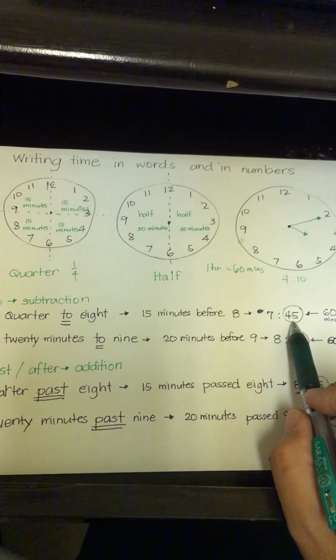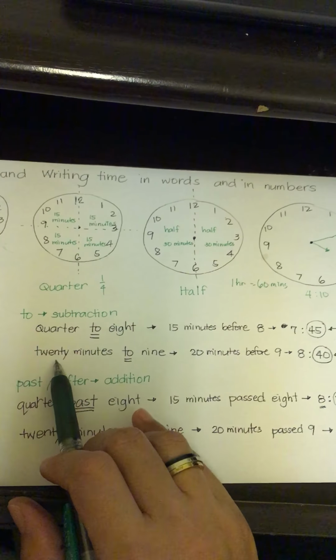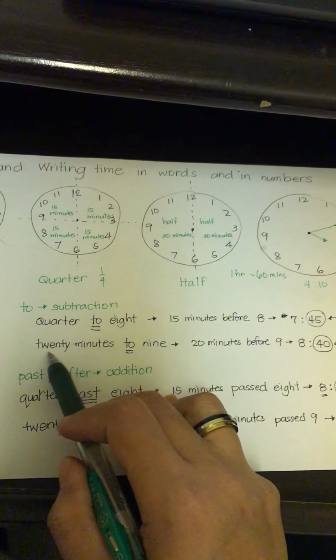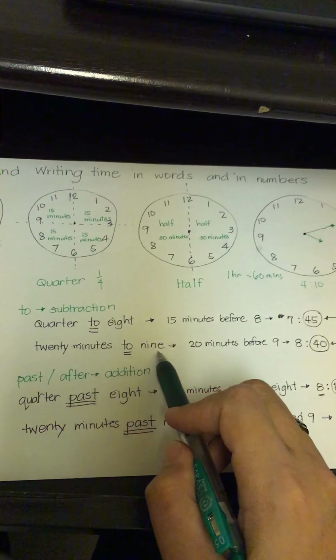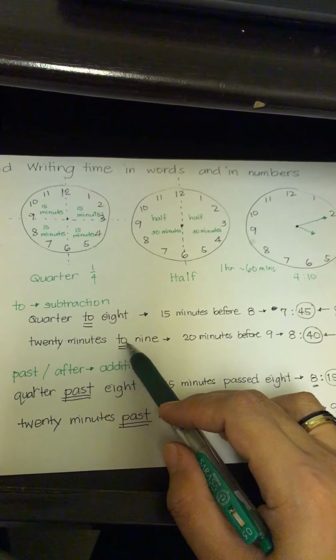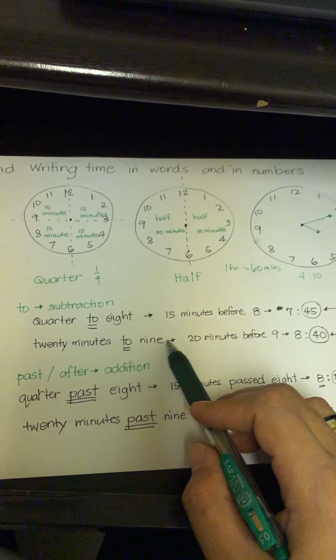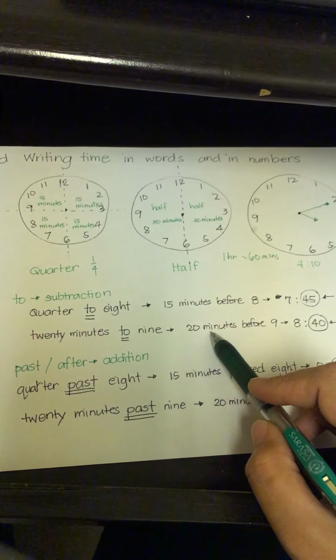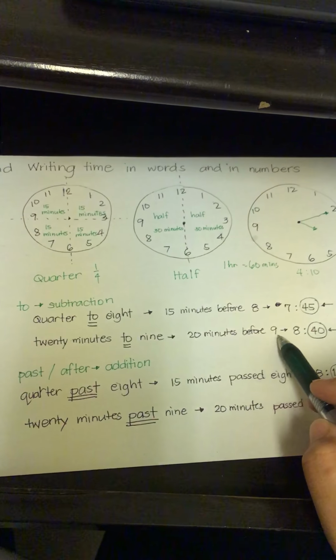Another example. This time it's not quarter. We have a given minutes, 20 minutes to 9. There's the word to again. It means that it's not yet 9 o'clock, so it's 20 minutes before 9.